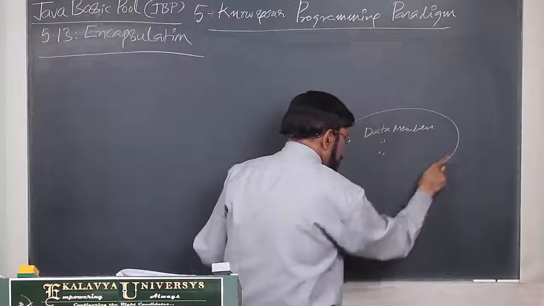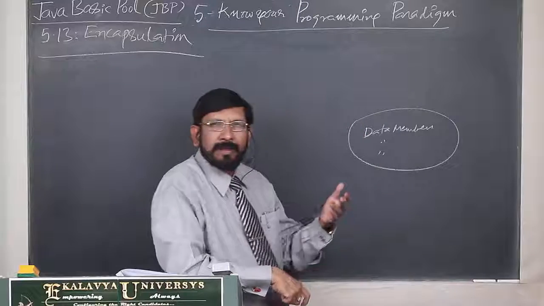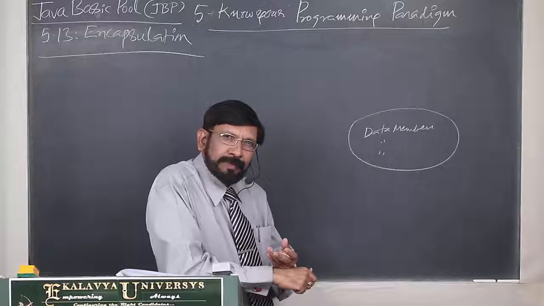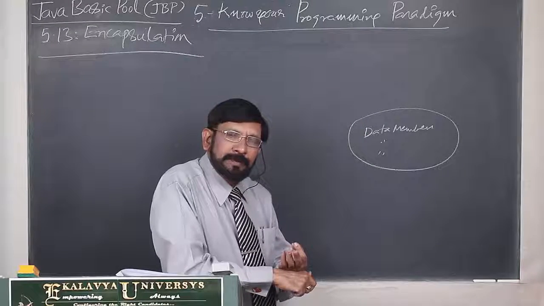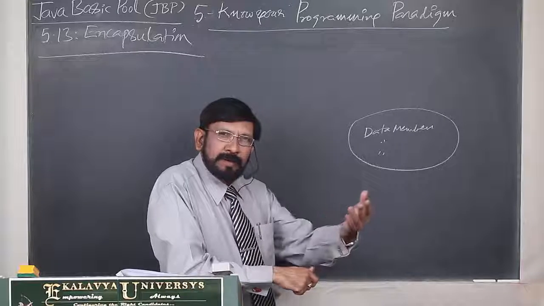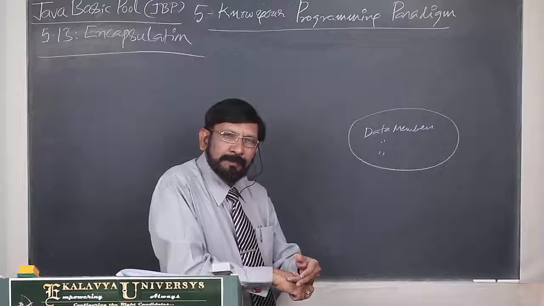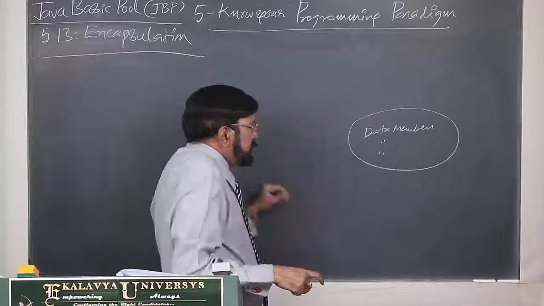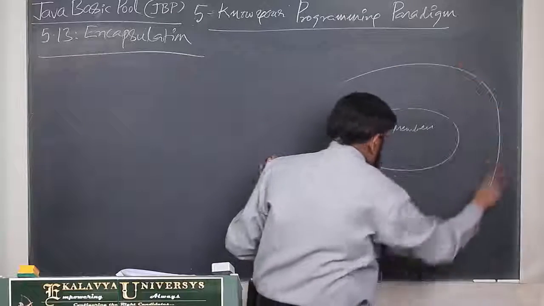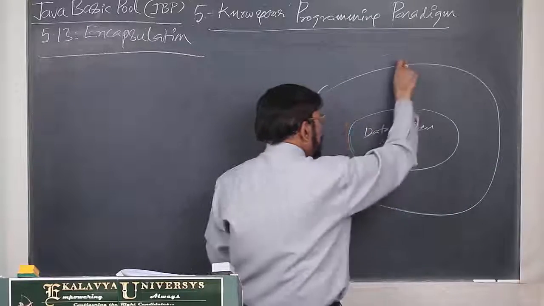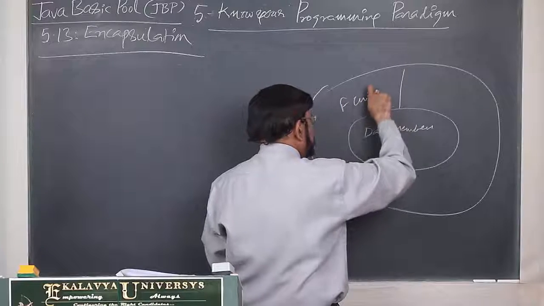And in the previous example I explained to you, like a customer's name, account type, account number, balance, etc. These are the data members, and around that these functions are there.